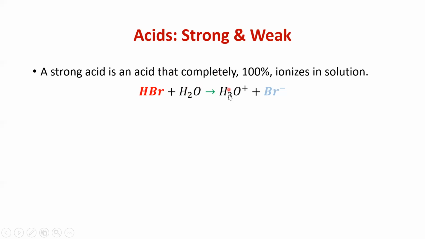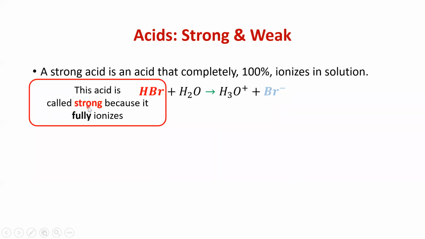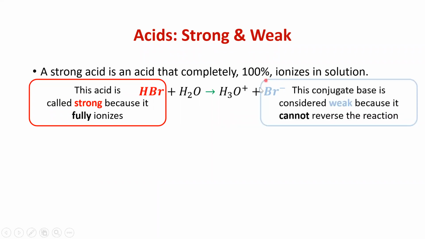We're going to produce hydronium and bromide. Strong acids fully ionize. Okay, 100% reacts. That means that the conjugate base is so weak that the reverse reaction can't take place.